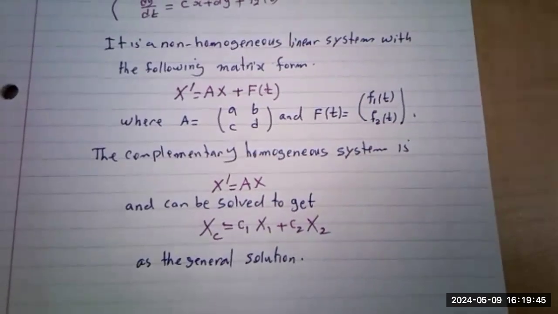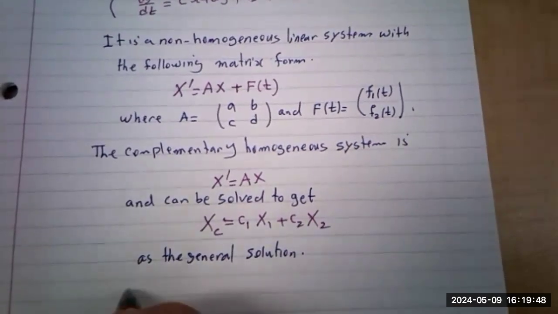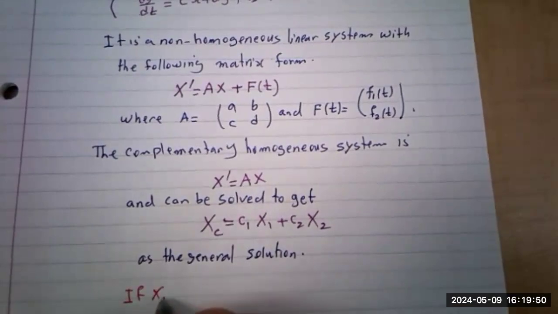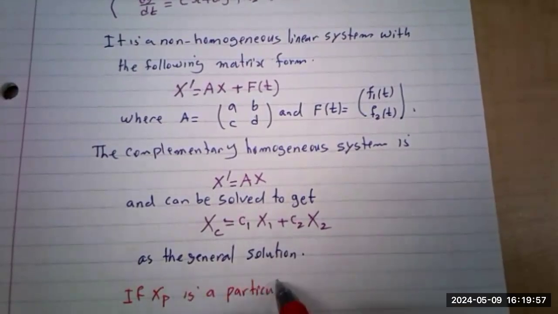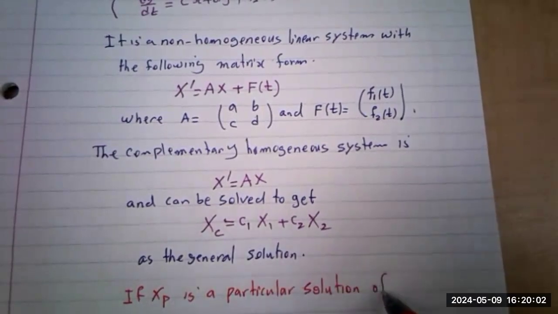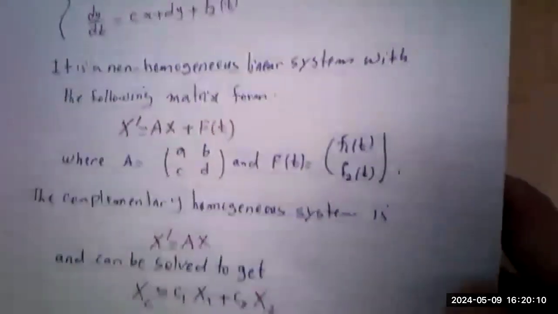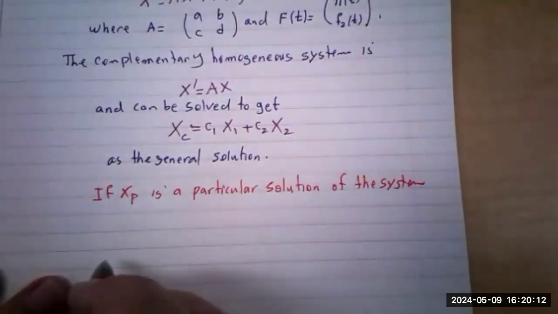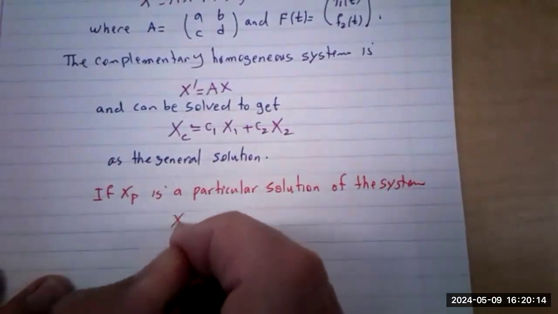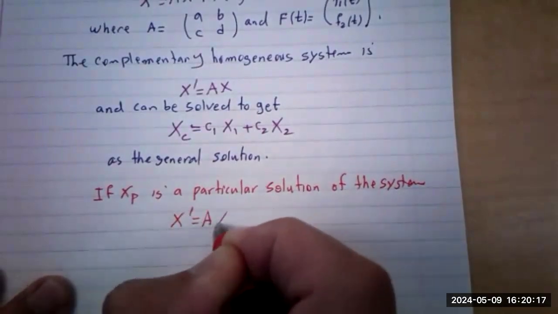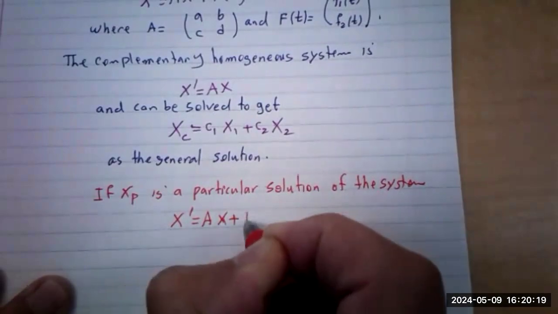Now we have to introduce a particular solution. We call it xp. xp is going to be a particular solution of the original system that we have. So that is x prime equals Ax plus f of t.